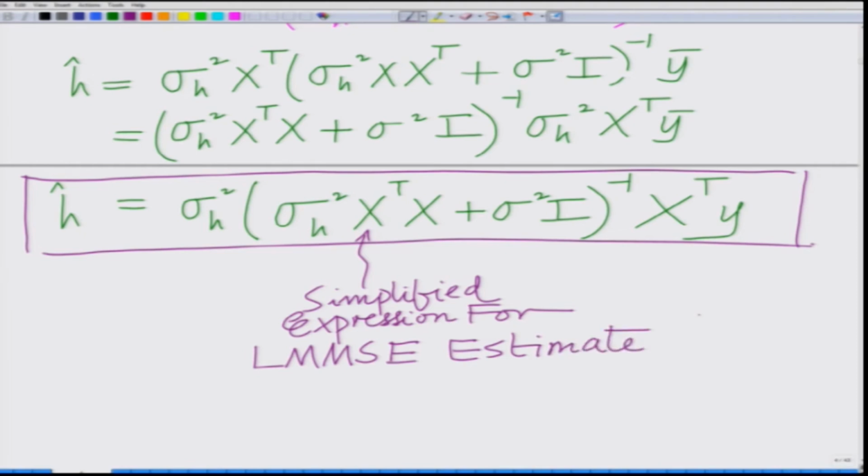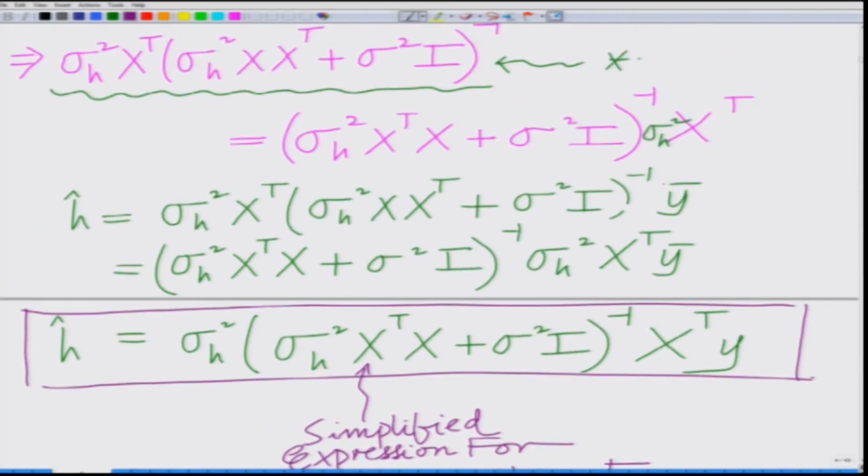This is the simplified expression for the LMMSE estimate. Okay. So, h hat equals sigma h square times sigma h square x transpose x plus sigma square identity inverse into x transpose y. Now, why are we saying this is a simplified estimate?